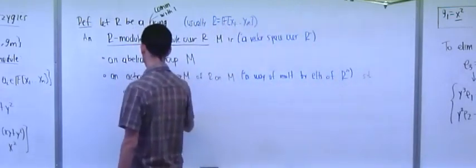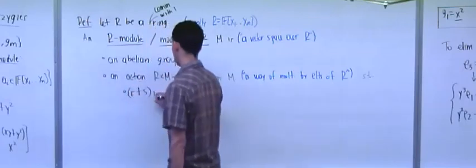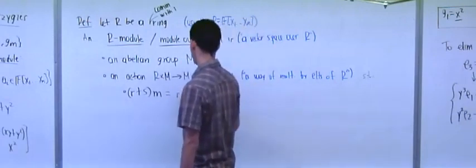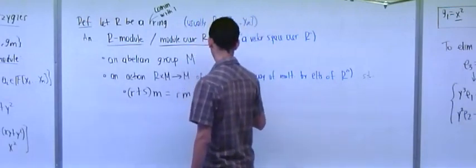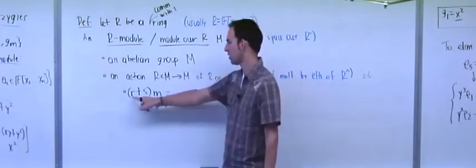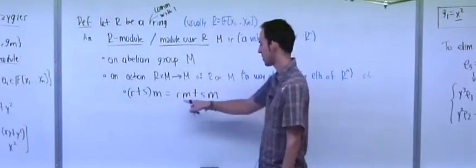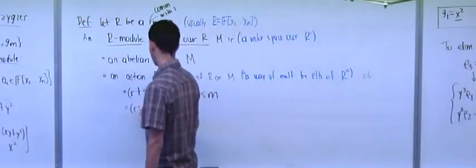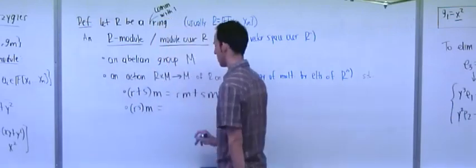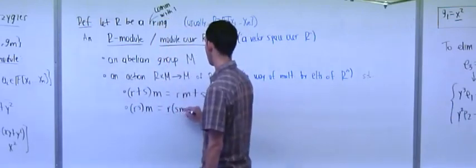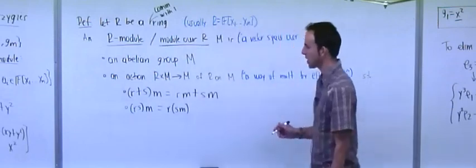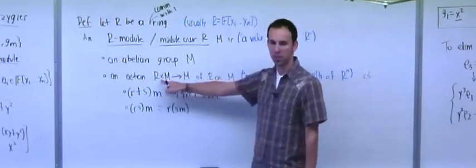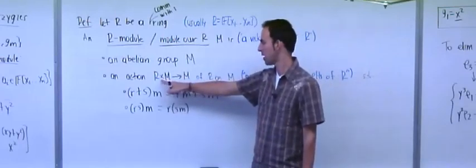For example, well, this is a ring, and so it should be compatible with the ring structure of R. So that means that if you multiply by R plus S, then it should be the same as if you multiply first by R and then by S. If you multiply times RS, then it should be the same thing as if you first multiply by S and then by R. And that tells you that this action, this multiplication, is compatible with the structure of R.